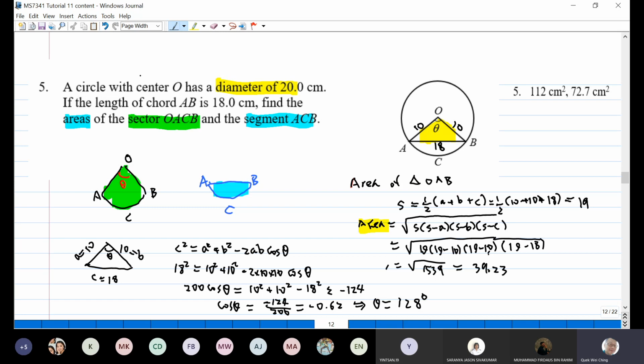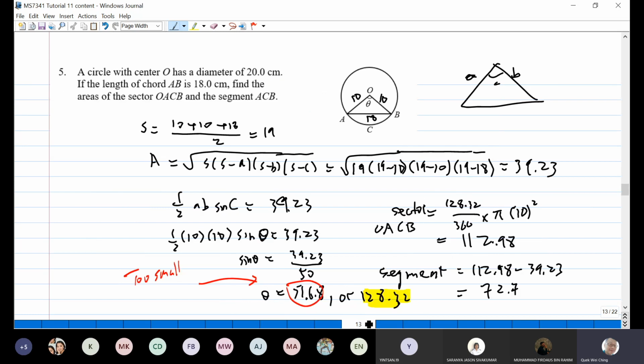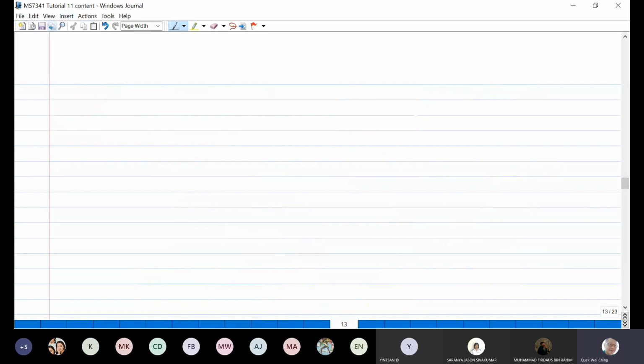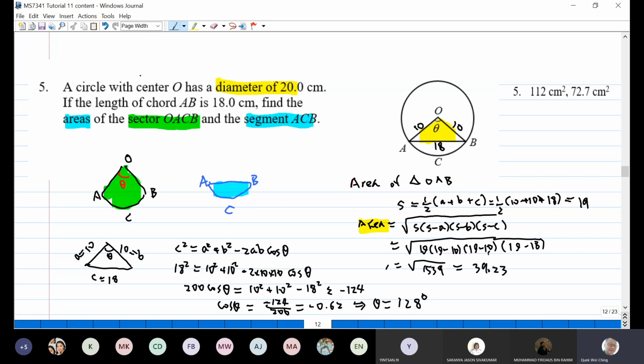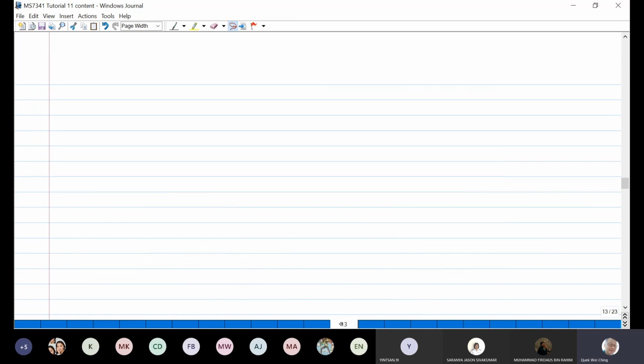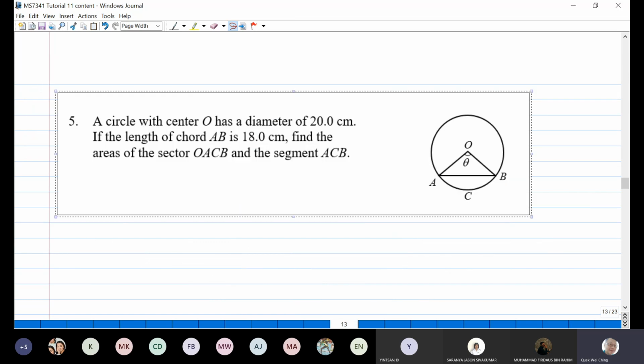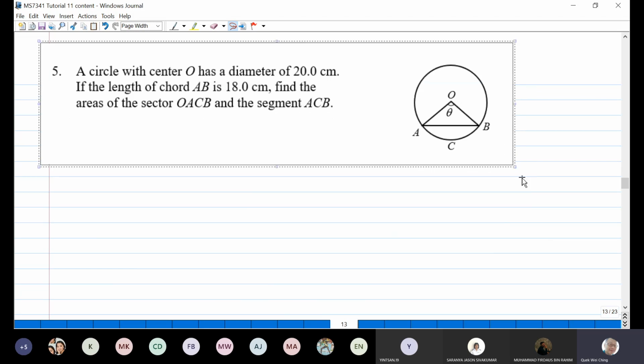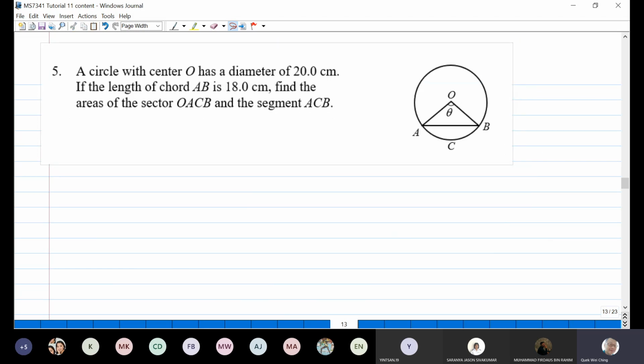First, next thing, the sector here. So same question. Okay, I just copy the question again. So I want to find the area of the sector here.